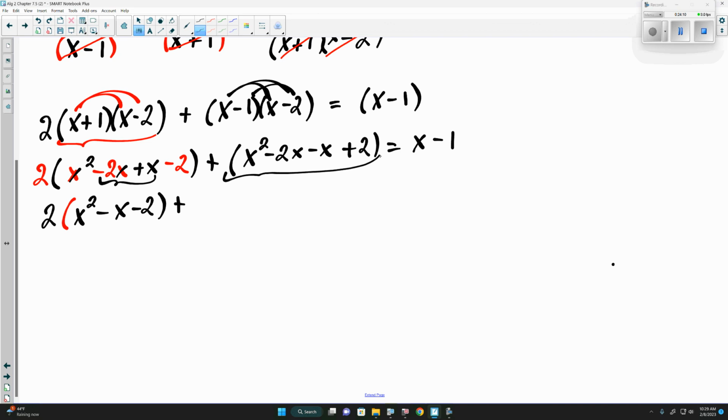Now the second set of parentheses here, since there's no number in front other than 1, we don't have to keep them there, and especially since it's plus, the signs are not going to change. Negative 2x minus x is negative 3x, plus 2 is equal to x minus 1.